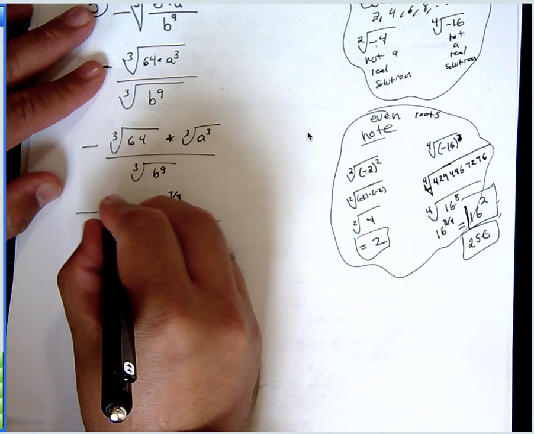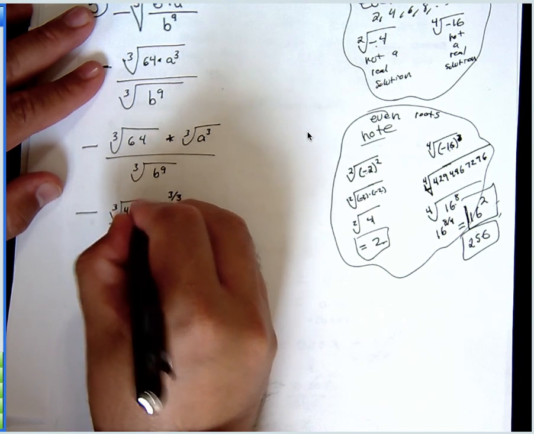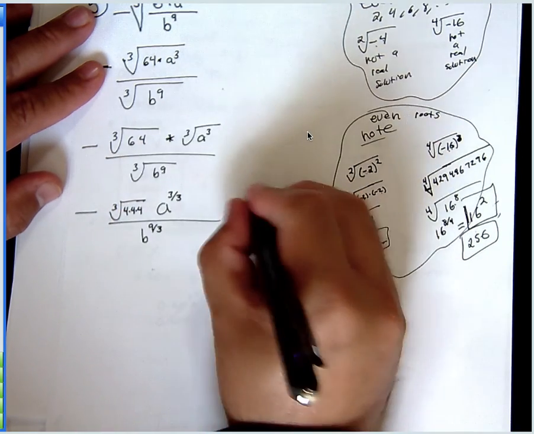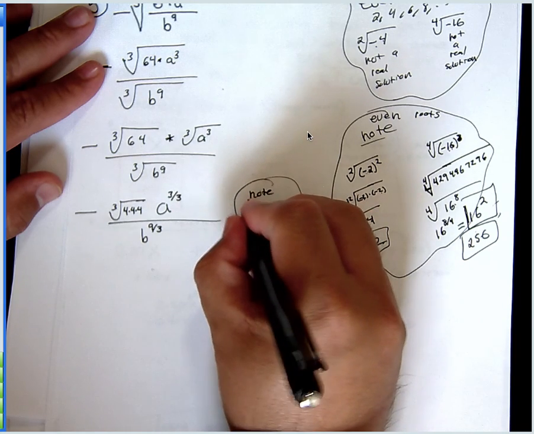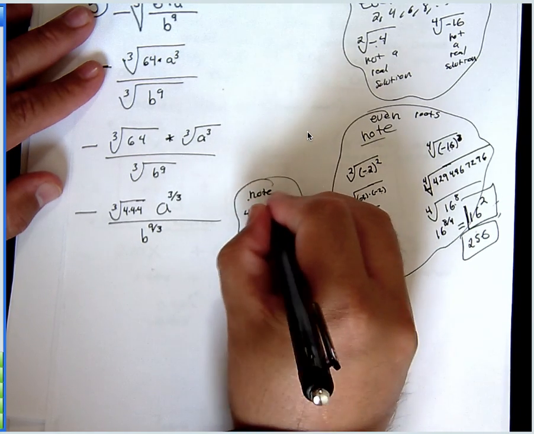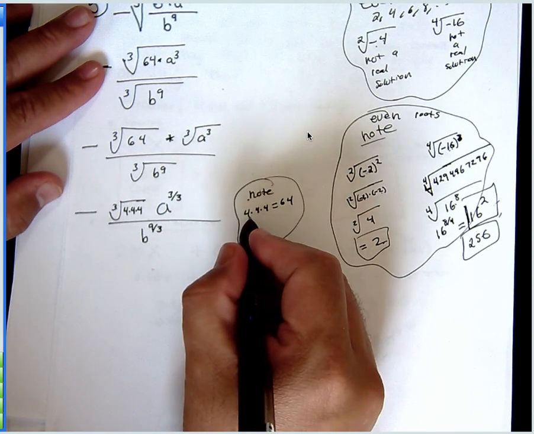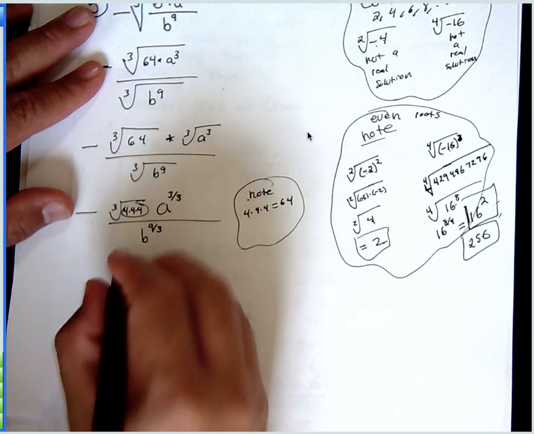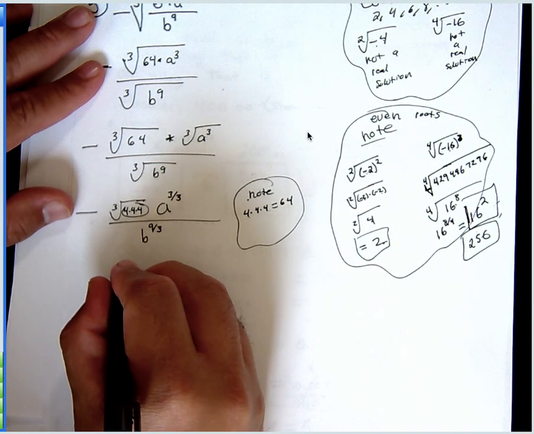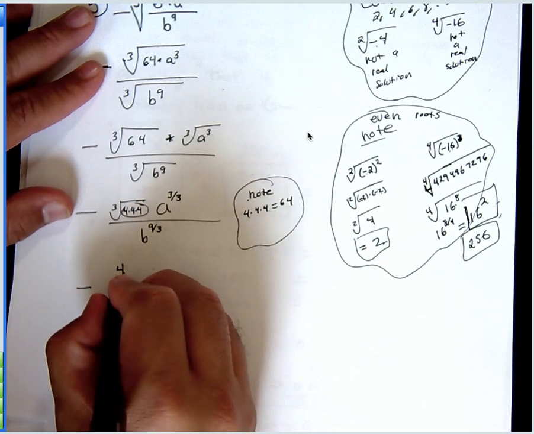And that number would be 4. 4 times 4 times 4 gives you 64. I'm going to write it over here, the notes. When you multiply 4 times 4 times 4, 3 times, it gives you 64. So we know the cube root, cube meaning 3 times, of 64 would be 4. So we can just write a 4.